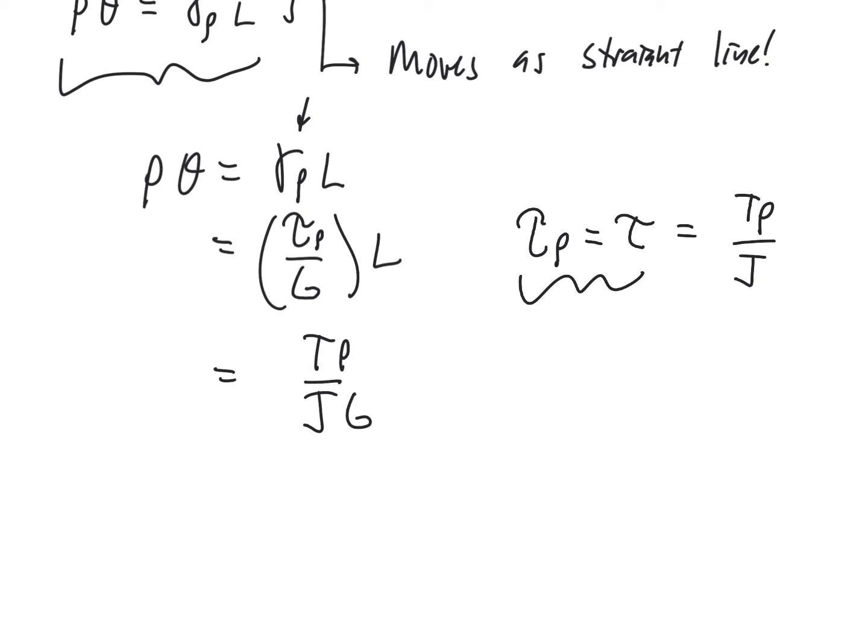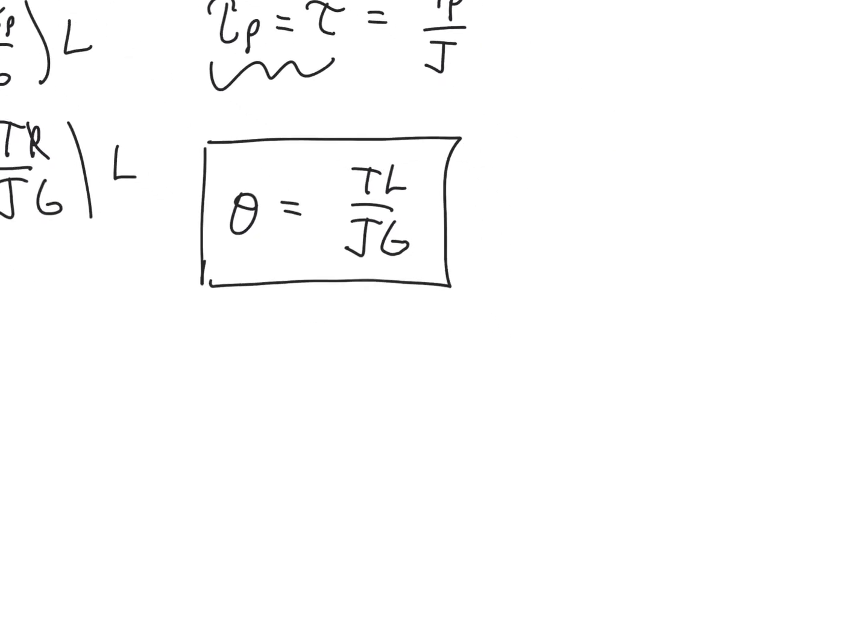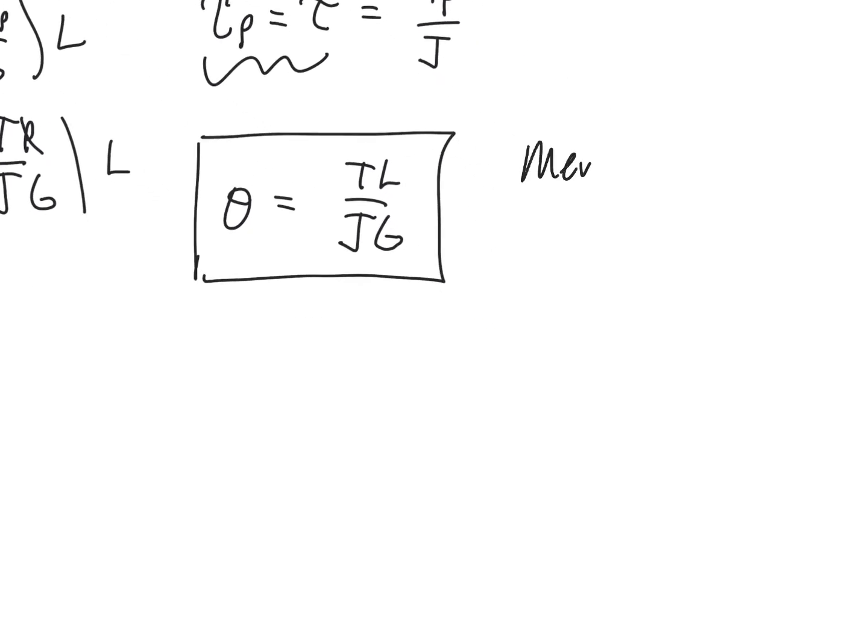And then we've got, I'll put that in parentheses, times L, and that is going to be equal to rho times theta. So notice what happens. The rhos cancel, and we are left with theta is TL over JG. Big, big formula for us. So clearly we want to memorize this one.